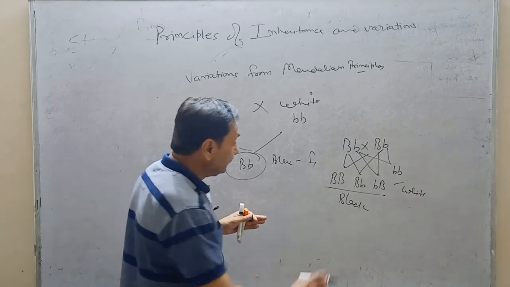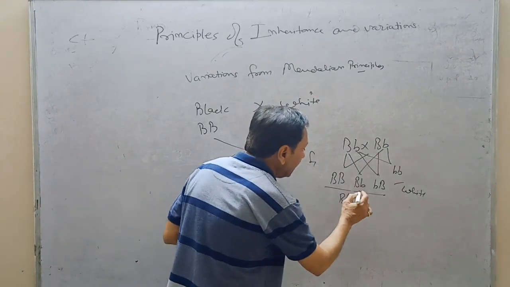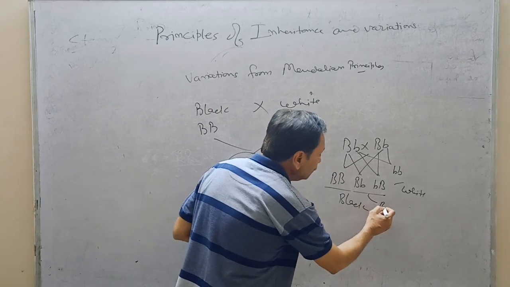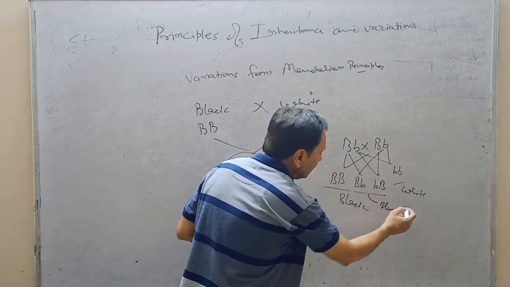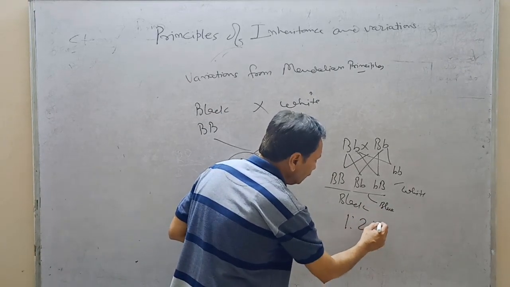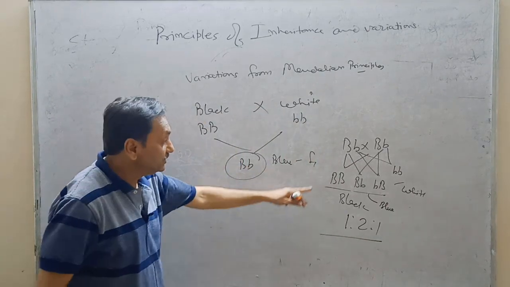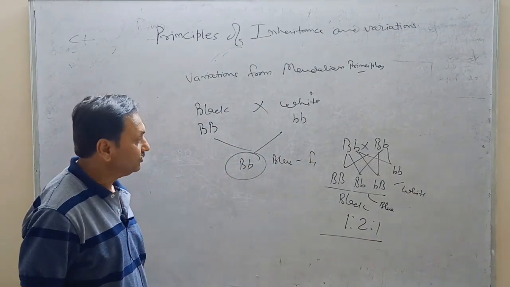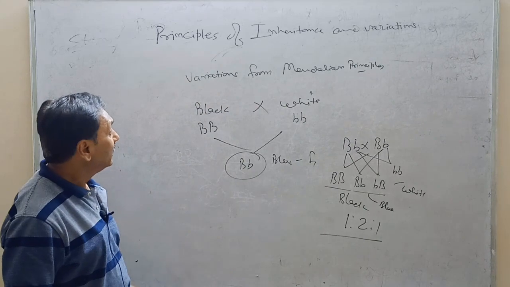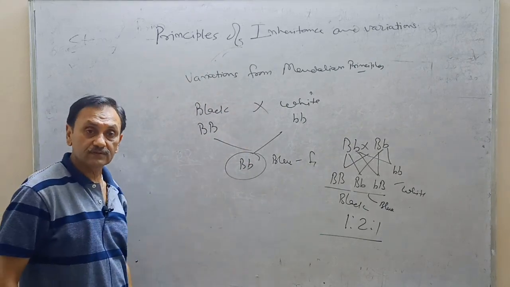It has been observed that only one is black and these two are blue and one is white, so their ratio is 1:2:1, and this is the genotypic as well as phenotypic ratio. So this is one of the variations in the Mendelian principles.